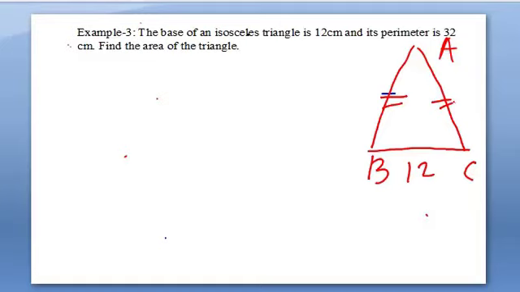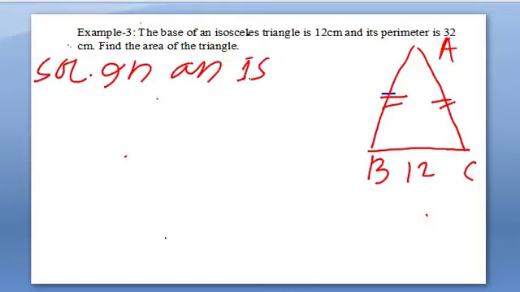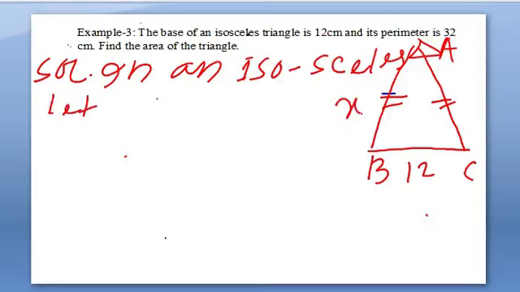Solution: in an isosceles triangle, let this side equal to this side, let this one be x, which means this one is also x.